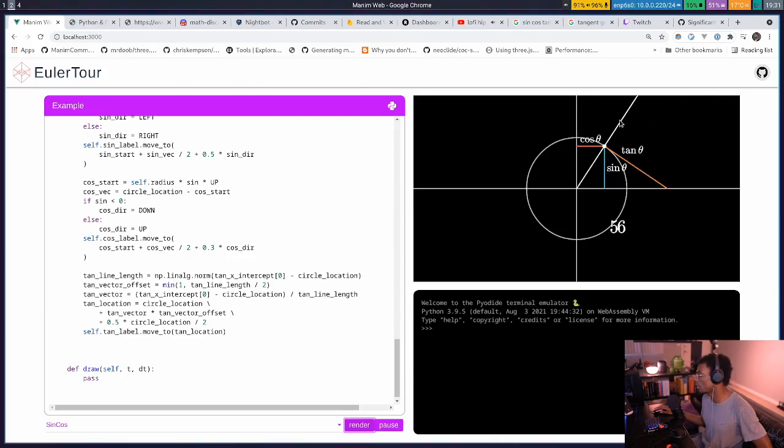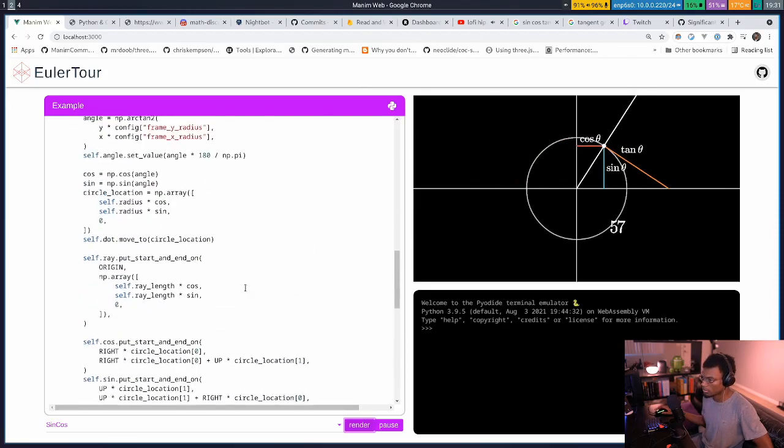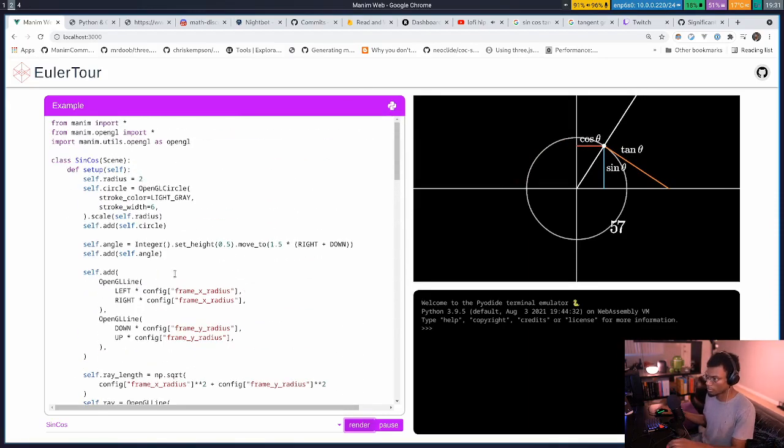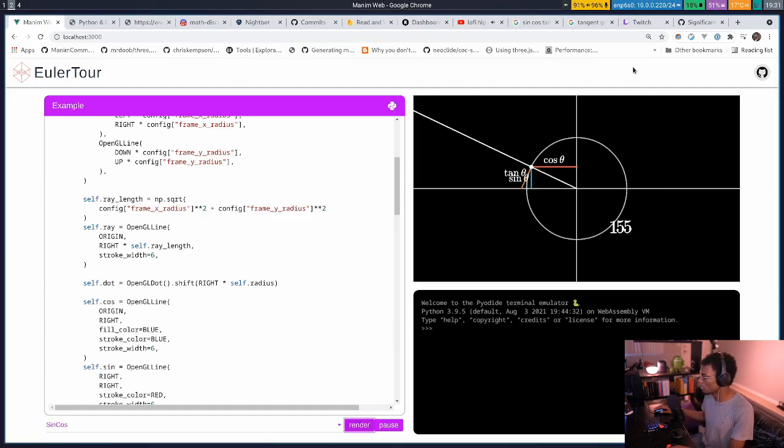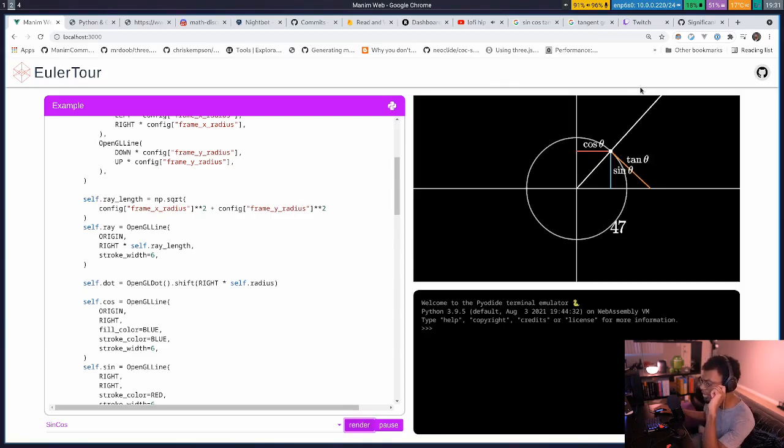Maybe I could color the labels. Let me see how this looks with a fill color. And that's actually, oh, that's the line.